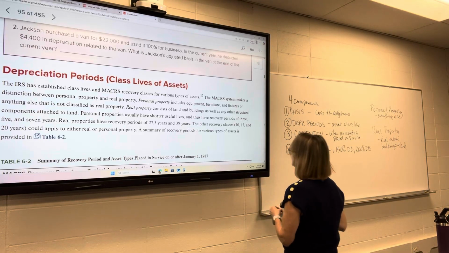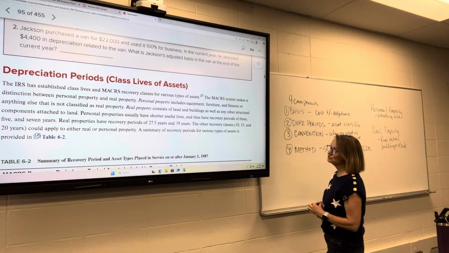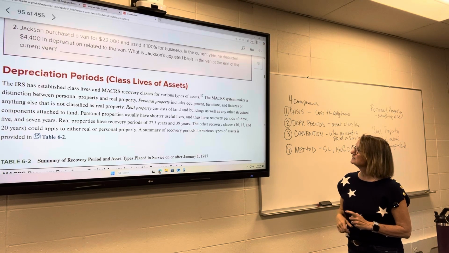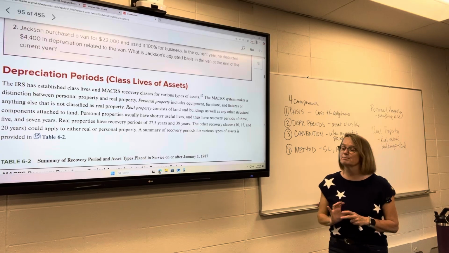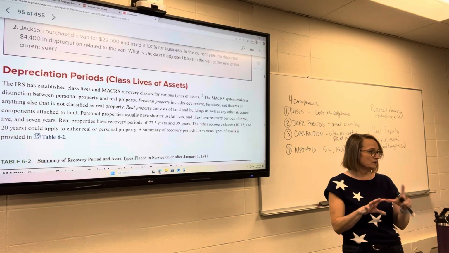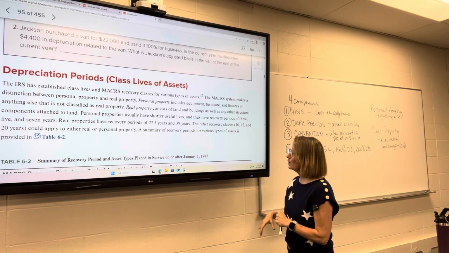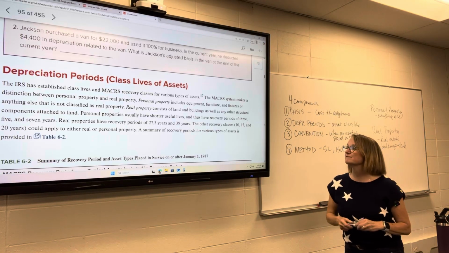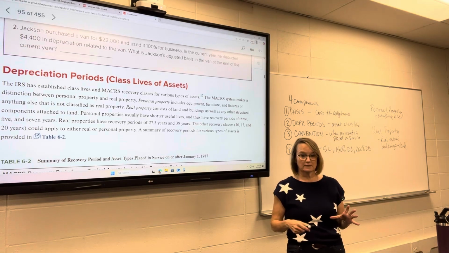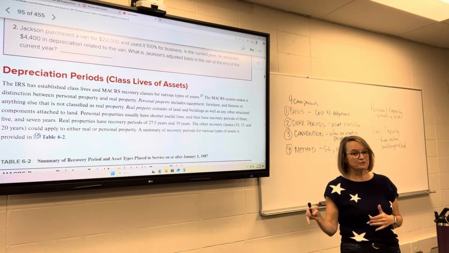Personal property includes things like equipment, furniture, and fixtures, anything that is not classified as real property. Real property consists of land and buildings, as well as any other structural components attached to land. Okay, so anything that's attached to those items as well. Personal properties have shorter useful lives, shorter class lives. So you're going to depreciate them over a shorter period of time.